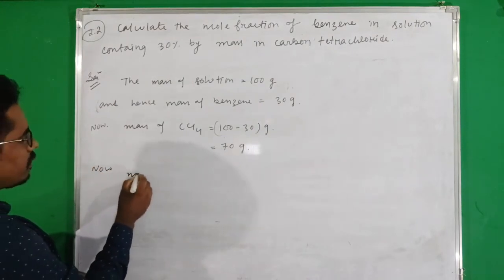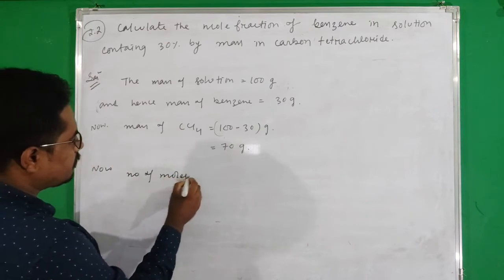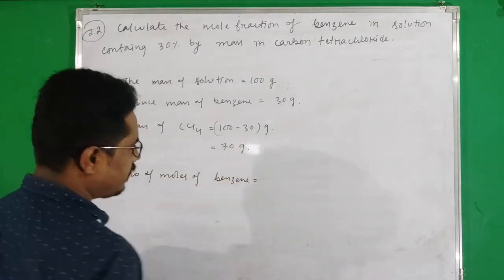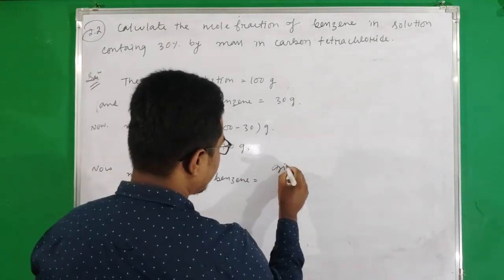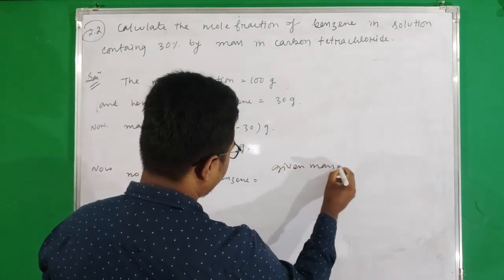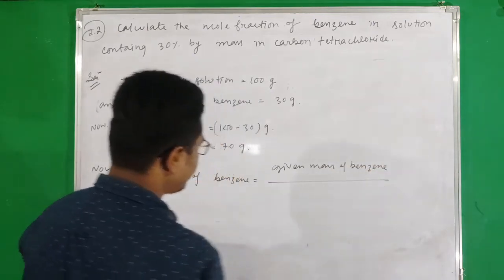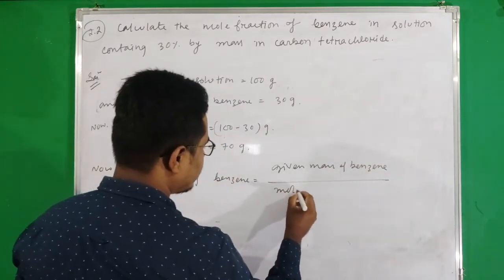Now number of moles of benzene will be given mass of benzene divided by molar mass of benzene.